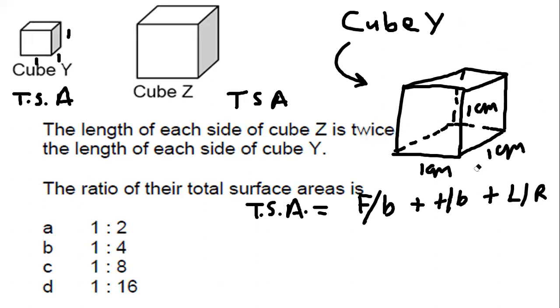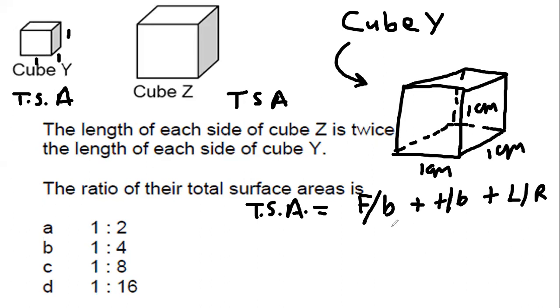Are you guys following what we're doing? Yes, sir. All right. So here we're going to know, remember, it's a cube, so all sides are equal, and therefore all faces take the shape of a square. So how do we find the area of a square? Length times width. So remember, all sides are equal to 1.